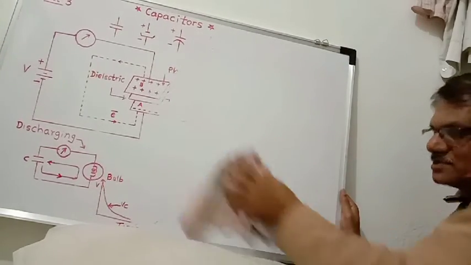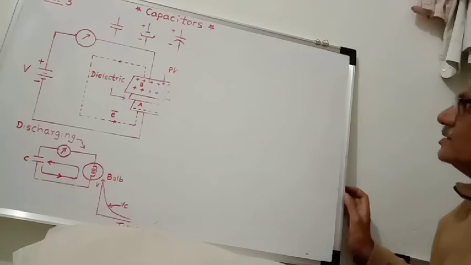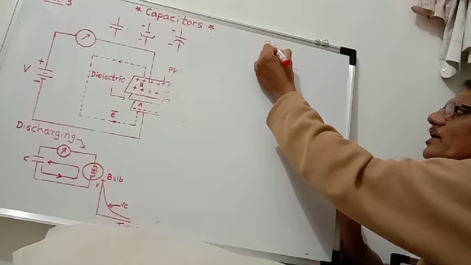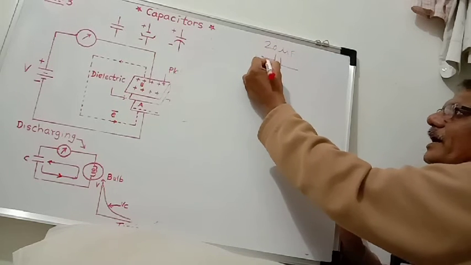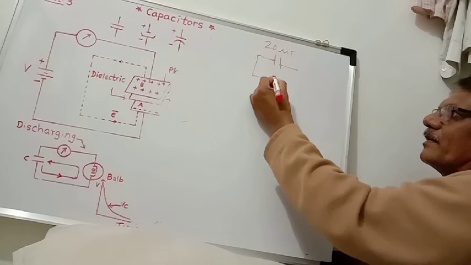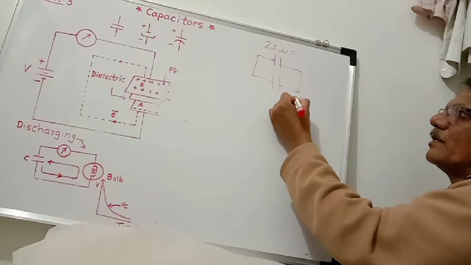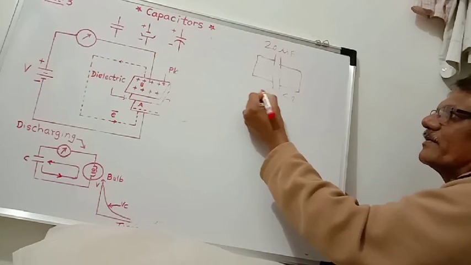When these two capacitors are connected in parallel, suppose this is C1, the 20 microfarad capacitor, and this is C2, 5 microfarad.